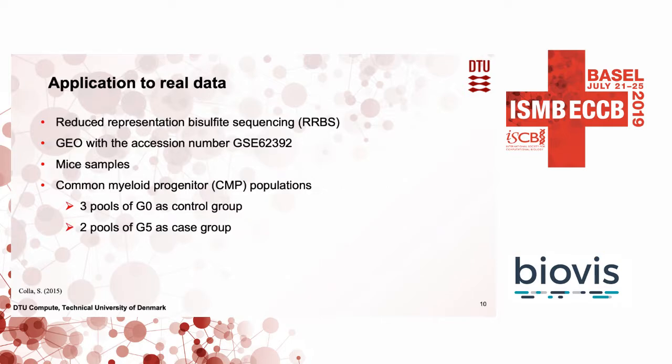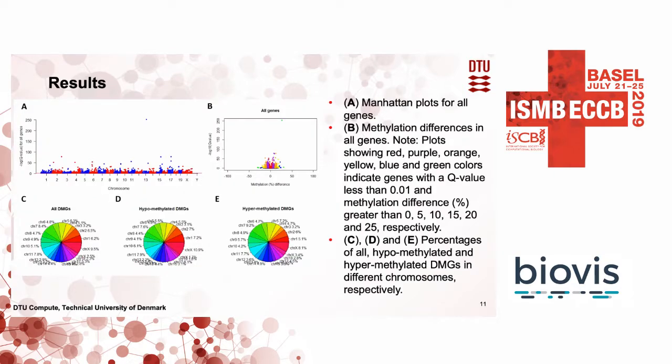So we used real data downloaded from GEO to test this package, and this GEO data is in 2 groups of 5 samples. It's mouse samples. And we can see it can output the significant regions, for example, the differentially methylated genes. It can output 2 different criteria for the filtration: one is the q-values, another is the methylation difference.